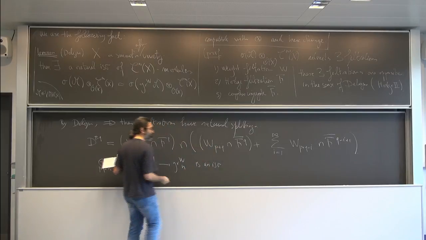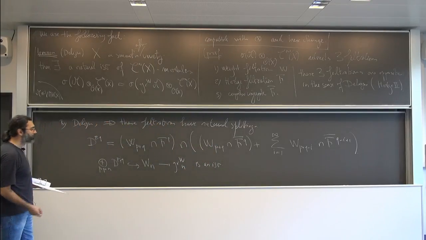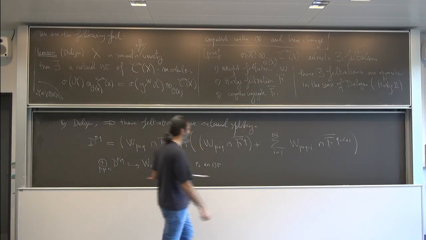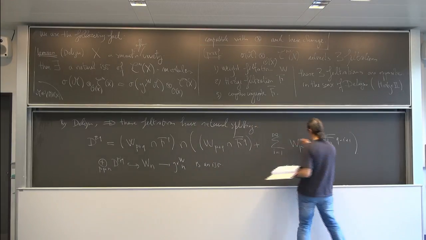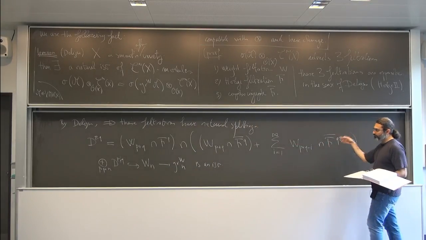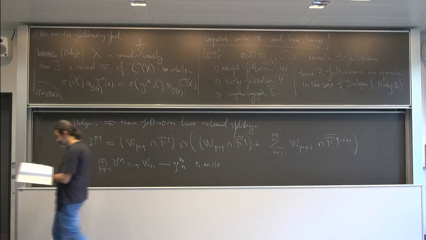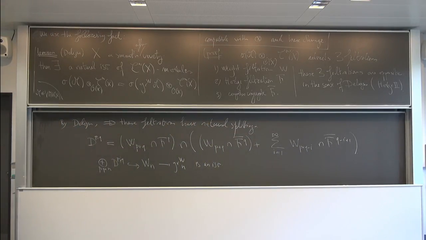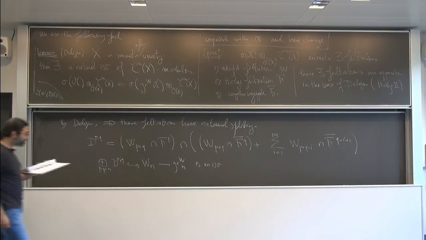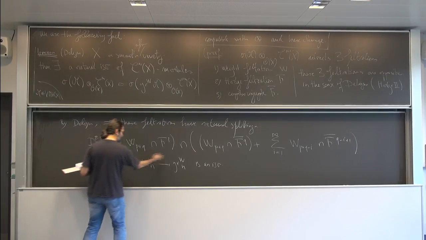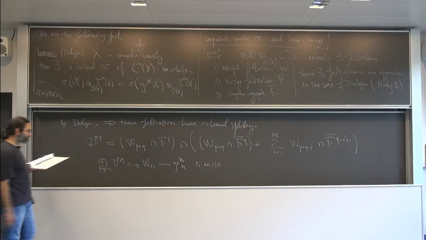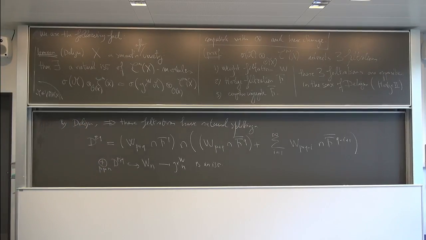So here there are some choices that I'm not saying what they are, but there are different formulas like this that will have the same conclusion. All right. So in particular, this gives a splitting of the weight filtration. And then one shows that the splitting also satisfies the properties that we want.